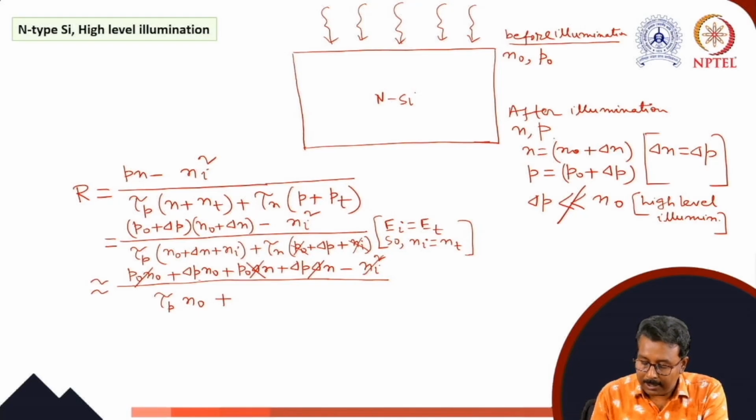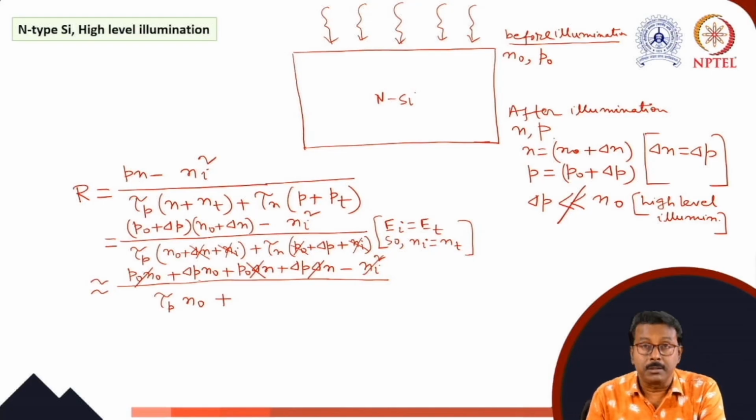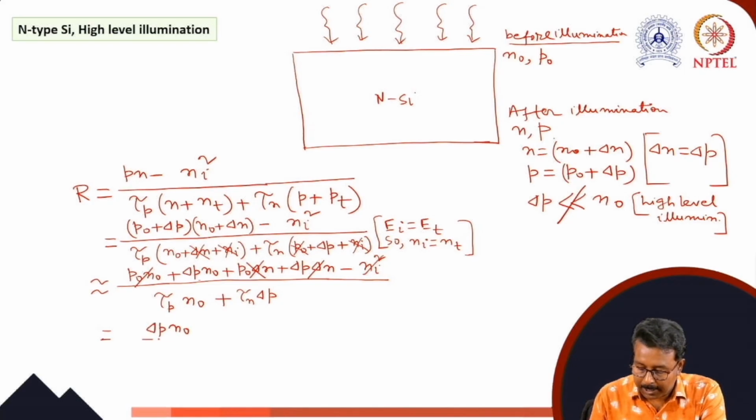Ni can also be neglected here, and delta N is very small. Plus tau N into delta P. Now this is equal to delta P N0 by tau P N0 plus tau N delta P.